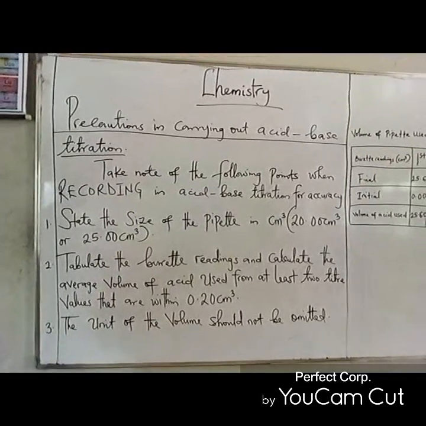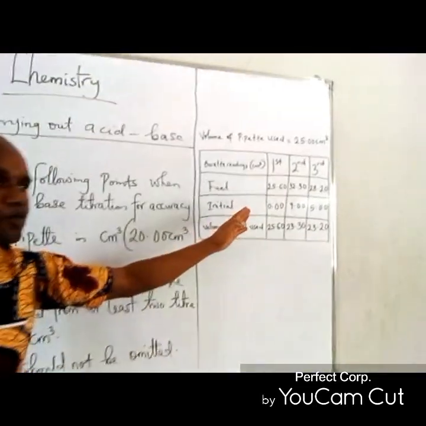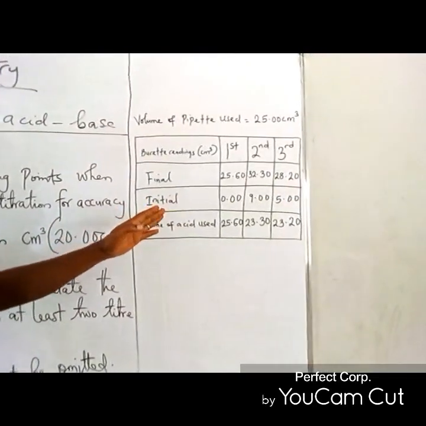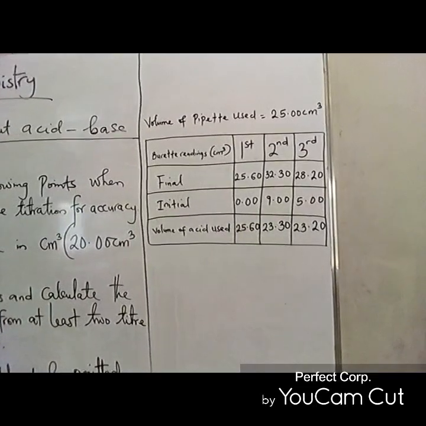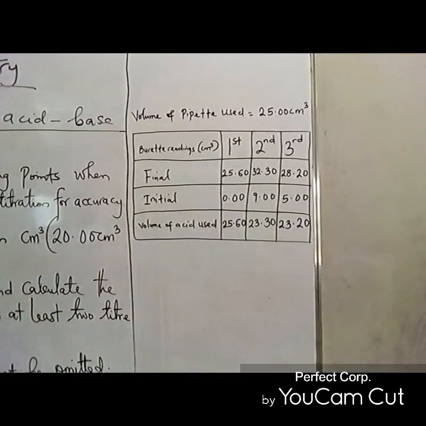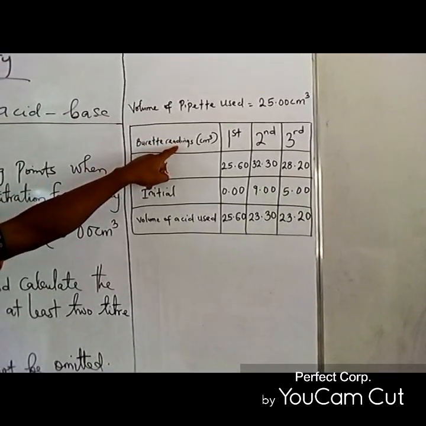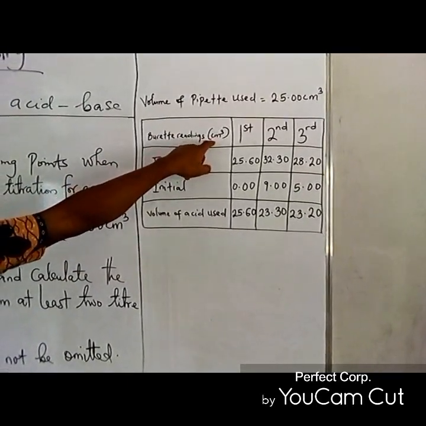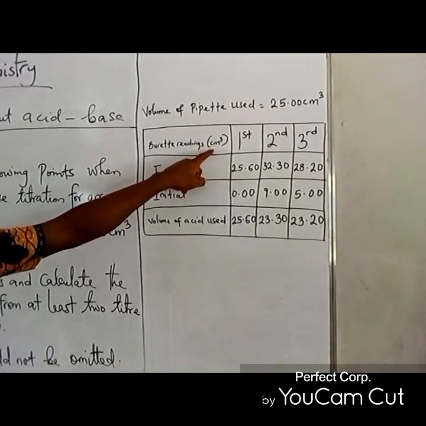Now we are asked to tabulate the burette readings. That is what you are seeing here on the board. This is an example of a table of burette readings. From this table, you can see the burette readings have been stated in cubic centimeter, telling us that this is the unit.